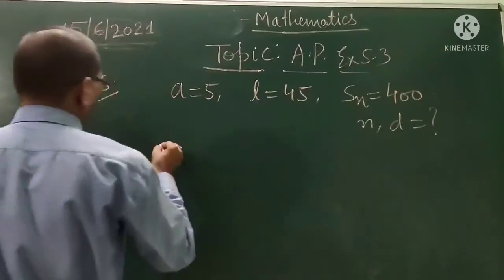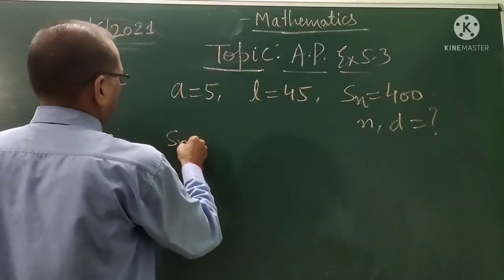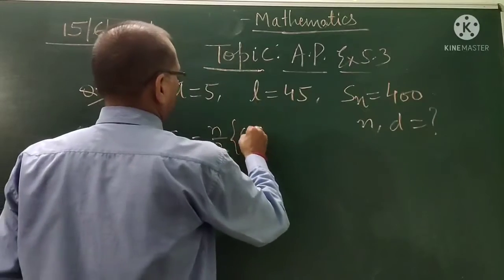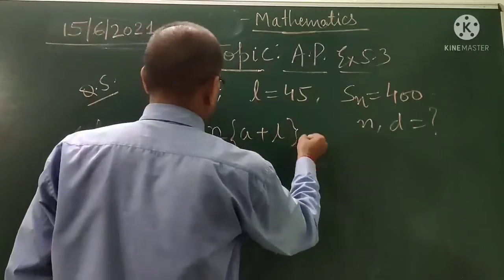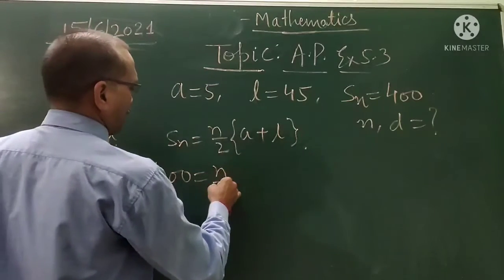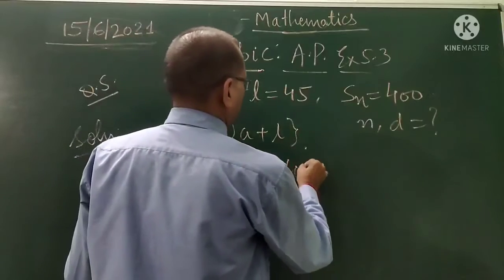Students, as you know, there is a formula. See the solution. Sn is n by 2 into a plus l. Sn is given 400, and we have a equal to 5, l is 45.